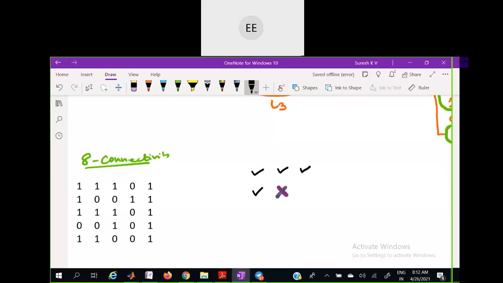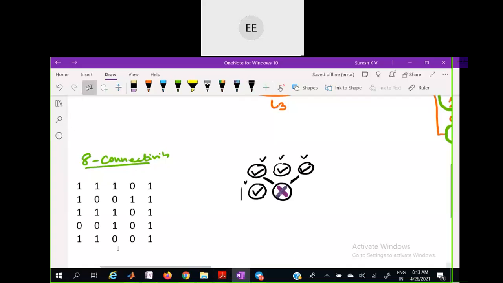In the previous case, I was only considering 4 connectivity, I was only considering these two. But now since this is 8 connectivity, these are also 8 connected pixels, these are also 8 neighbors. This is also an 8 neighbor. So now I have to consider 2 more pixels. So totally when I am labeling this pixel, I should look at what are these values.